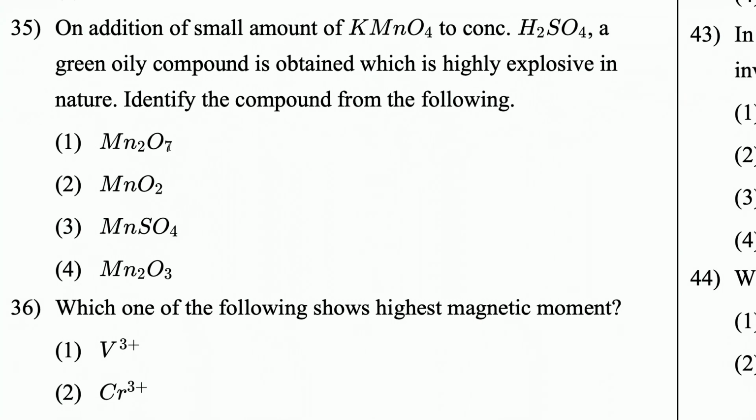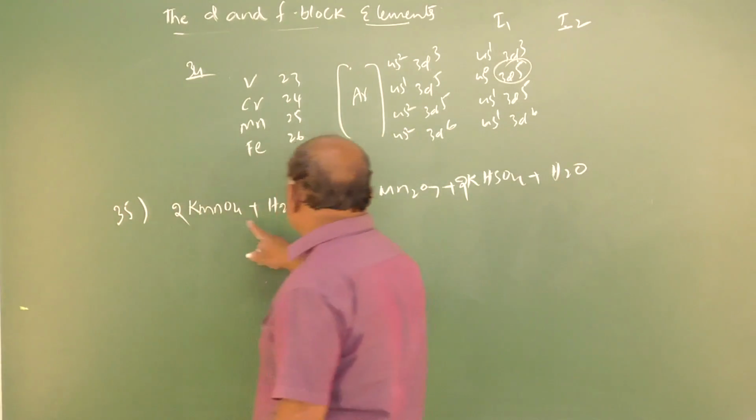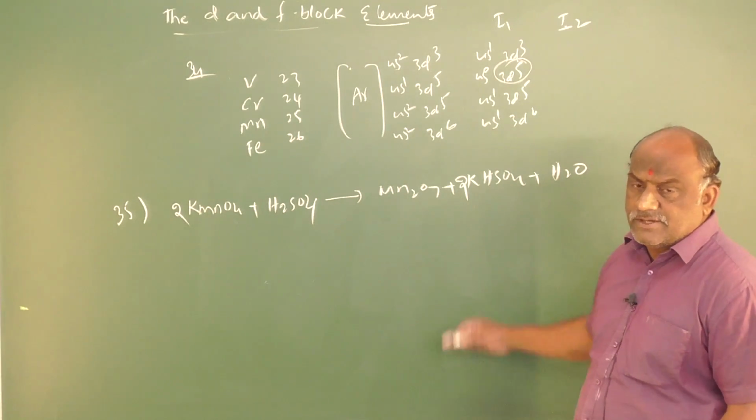This was the reaction: 2KMnO4 plus H2SO4 gives rise to Mn2O7 plus KHSO4 plus H2O.